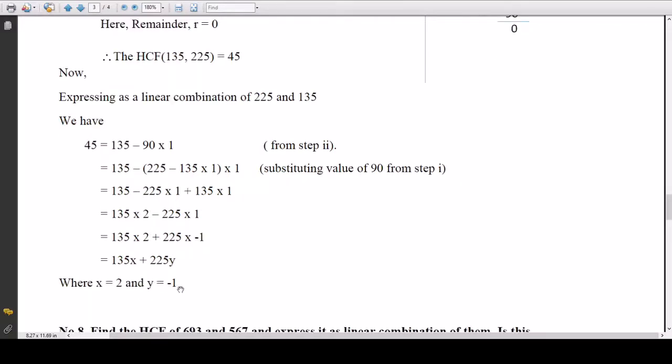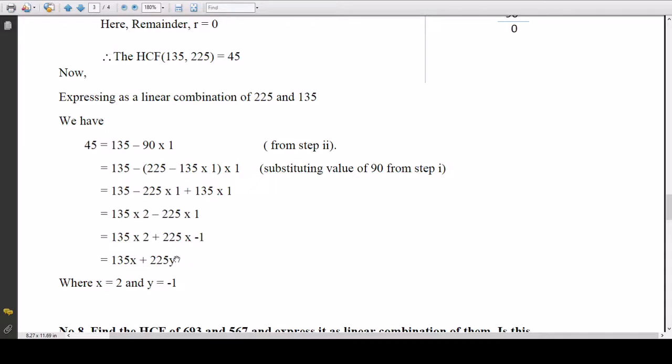Okay, this is how to express it as a linear combination. That means this HCF 45 we can express as a linear combination of 135x plus 225y, where x is 2 and y is minus 1.